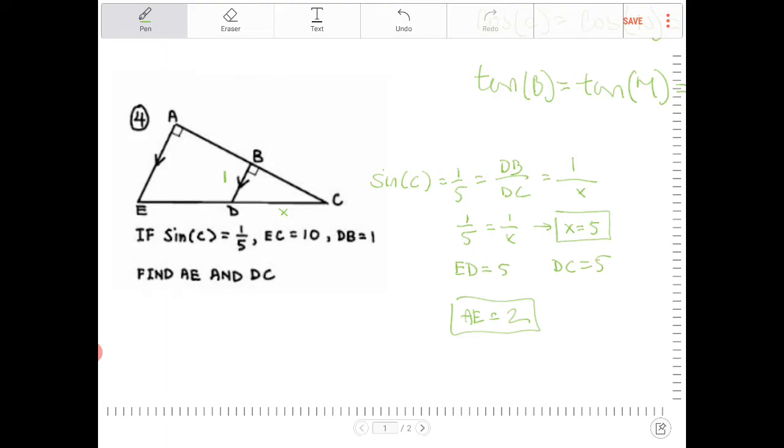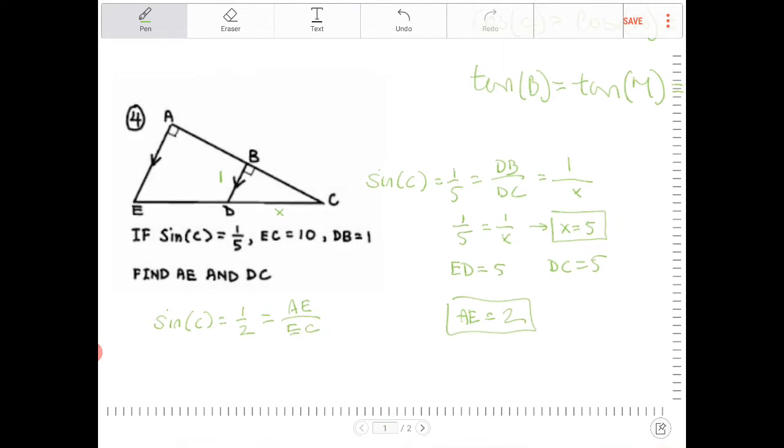And if that confuses you, another way that you can think about this is sine of C is equal to 1/2, which is equivalent to AE over EC. This is another way of thinking about it. So EC is 10.